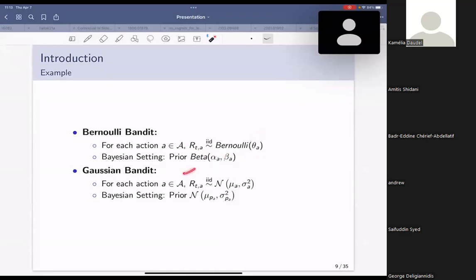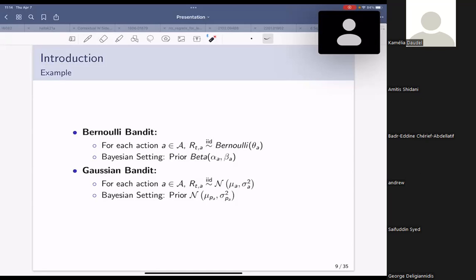We are assuming a beta distribution because it's the conjugate prior for the Bernoulli, and it just simplifies all the computations. And for the Gaussian bandit, we are assuming that the rewards are sampled from normal distributions. And again, in the Bayesian setting, the prior is also normal. So these are the two very famous examples of bandit learning.